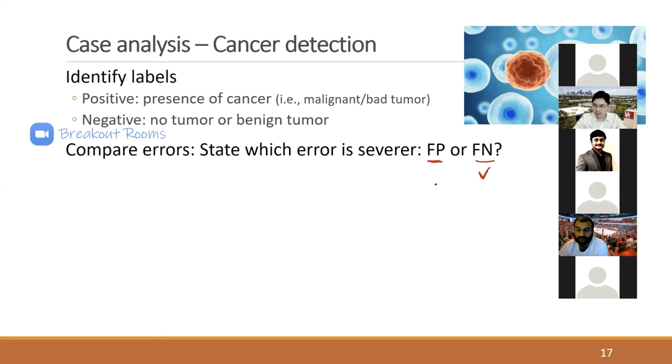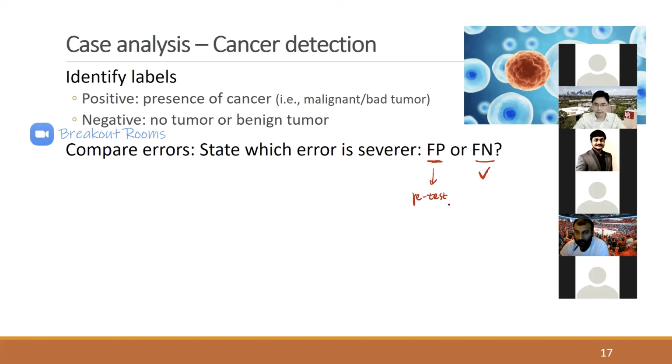I think when it comes to false positive, the patient just has to go and get the test done and they will know if they have a cancer or not. But in false negative, even if they have cancer, it will be like no cancer. So the patient will not even go and get testing done.